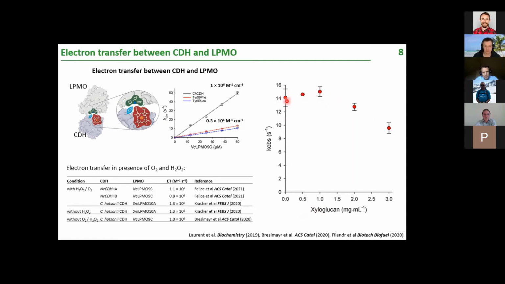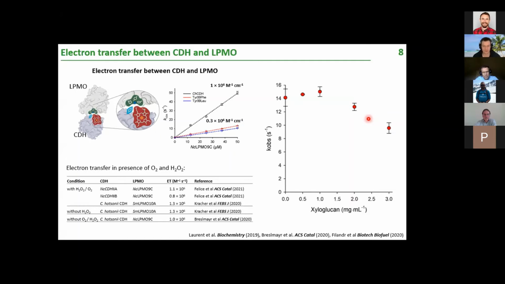When we have a substrate present, the electron transfer reaction doesn't really seem to be inhibited. Only, I have to say, at higher concentration of xyloglucan, we see a little bit of a drop, but also the viscosity of the medium changes quite a bit. However, at reasonable xyloglucan concentration, the electron transfer reaction seems to be very hardly altered.